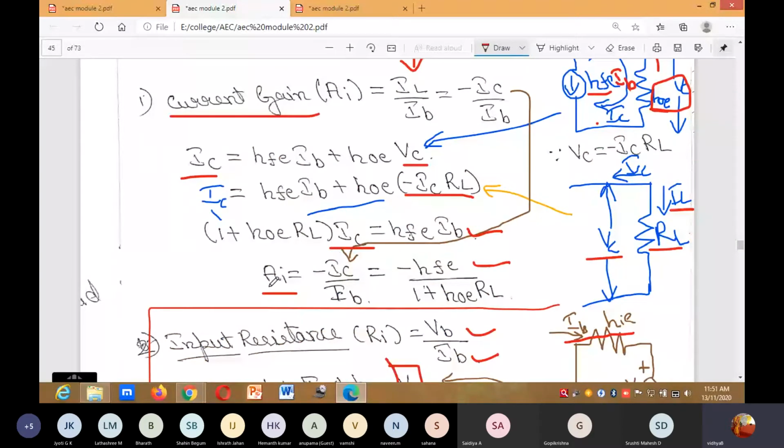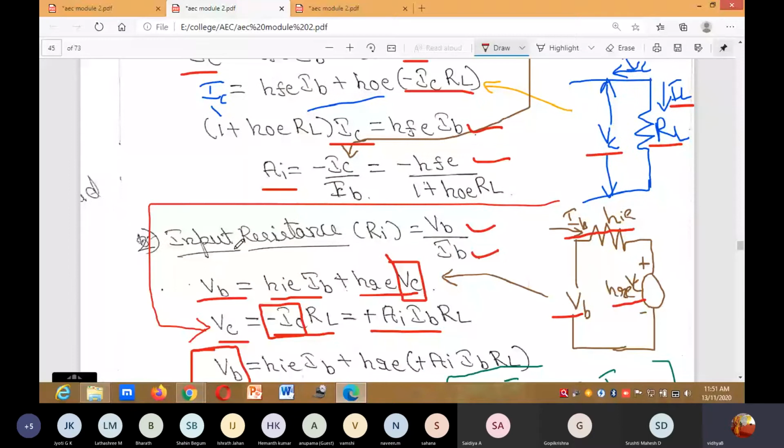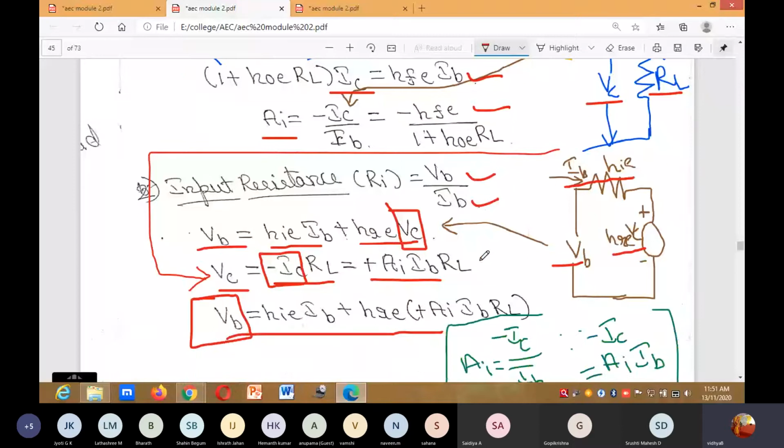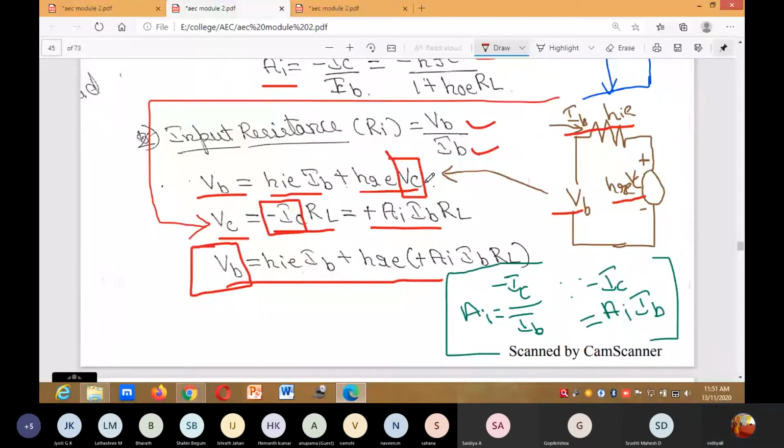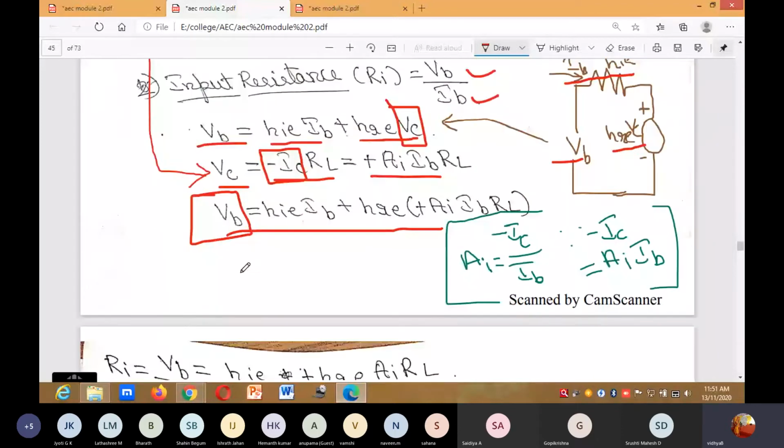Next, input resistance. Input resistance is equal to input voltage divided by input current. VB is equal to HIE into IB. I have written this equation by considering this circuit. Next, I have replaced the VC value and substituted it here.